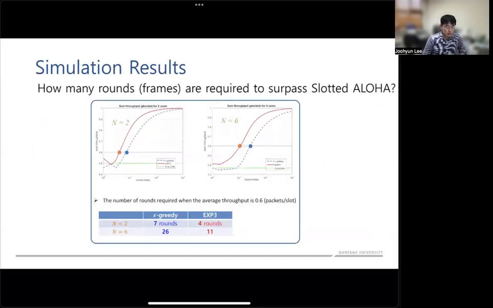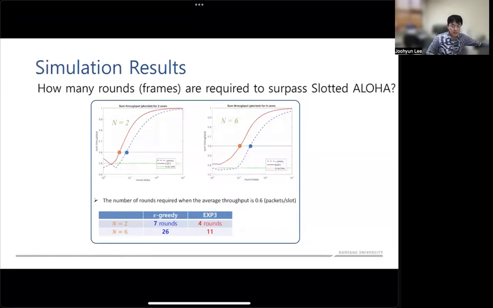And we want to have a better efficiency than slotted Aloha, but initially, because we don't have any reward information at first, the initial sum throughput or efficiency is on average the same as the slotted Aloha.